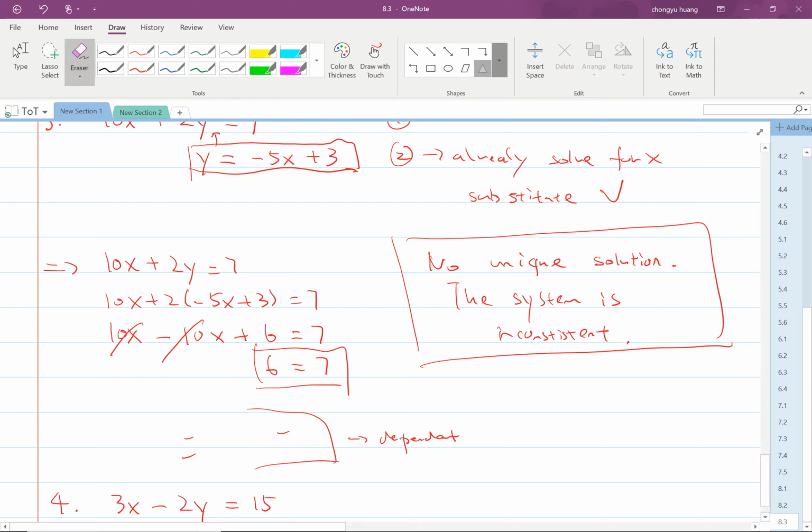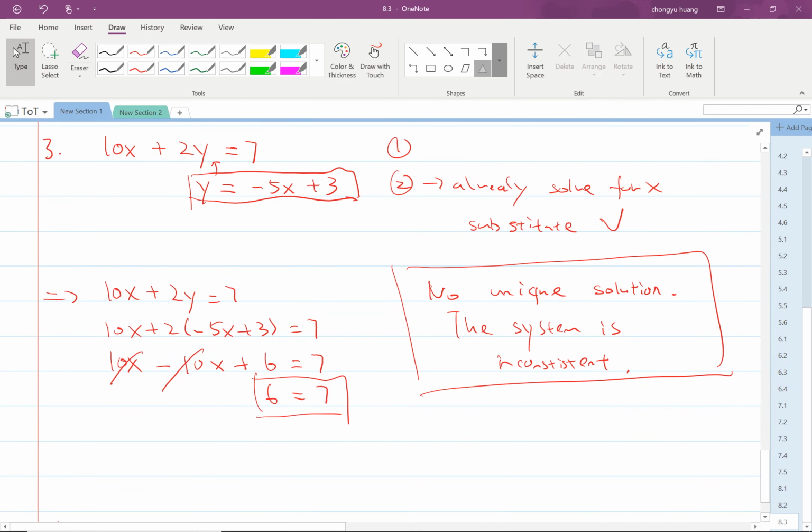Let me actually erase this part. I don't want to make any confusion. Okay, so that's basically the solution for question 3.